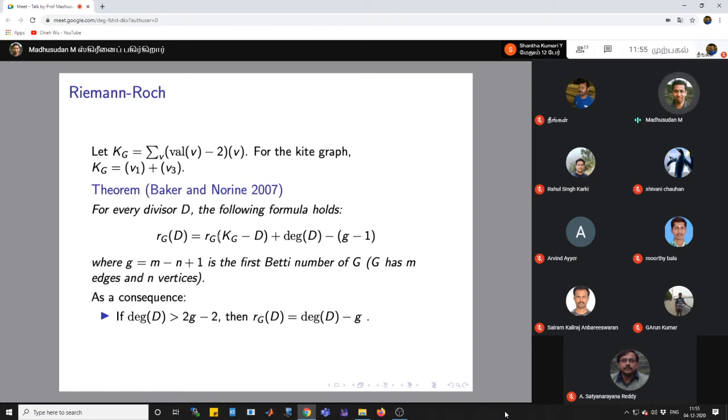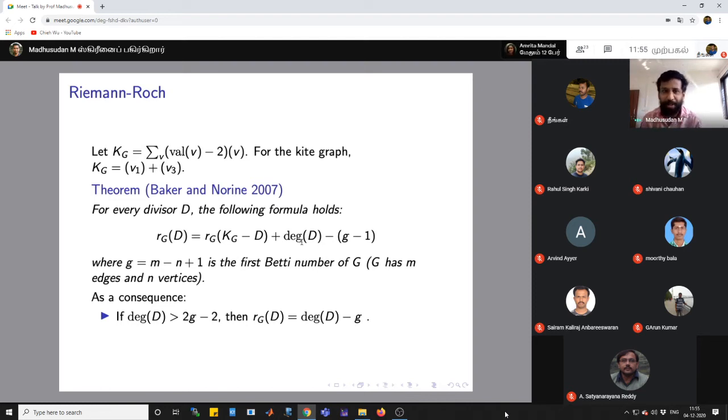Okay, one thing I think I should have said before: what is the degree of K_G, the degree of this canonical divisor? That can be calculated quite nicely, right? We have this handshake lemma. It's basically an application of the handshake lemma. If you just calculate it, it's 2g minus 2, where g is the genus of the graph.